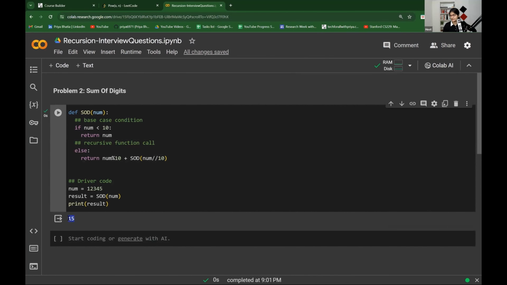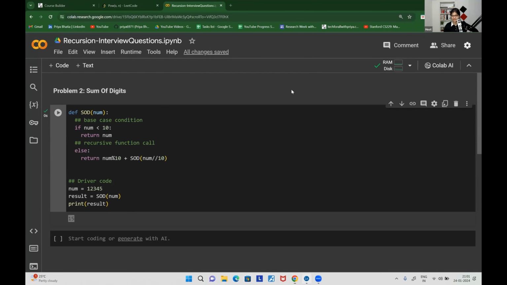So we're getting the answer as 15, correct? Now, if I ask you, what is the time and the space complexity for this code? What is the time and space complexity?